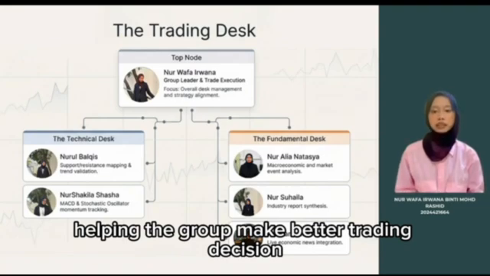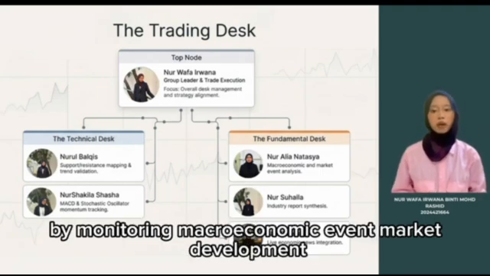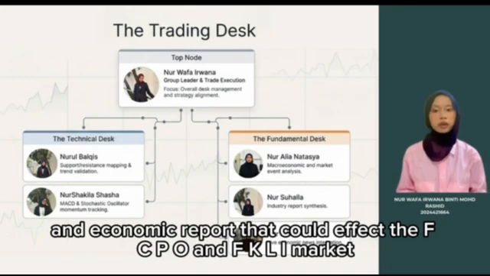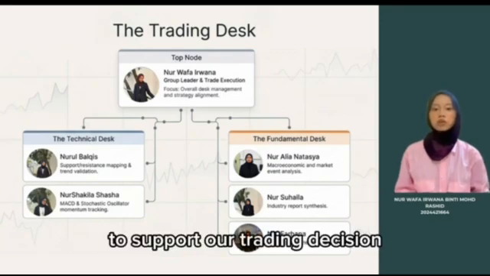Moving on to ALIA NATASHA, she conducted fundamental analysis by monitoring macroeconomic events, market development, and economic reports that could affect the FCPO and FKLI market. She then shared her findings with the group to support our trading decision.